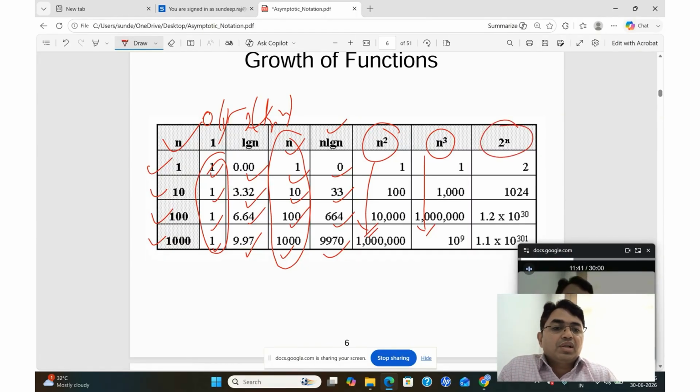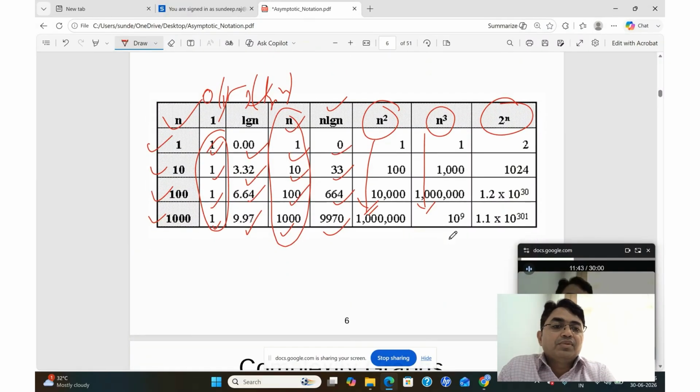Coming to the exponential type of algorithms, these will be considered for practical use. We may see that in the case of one input, it is taking 2 nanoseconds for the two primitive operations.